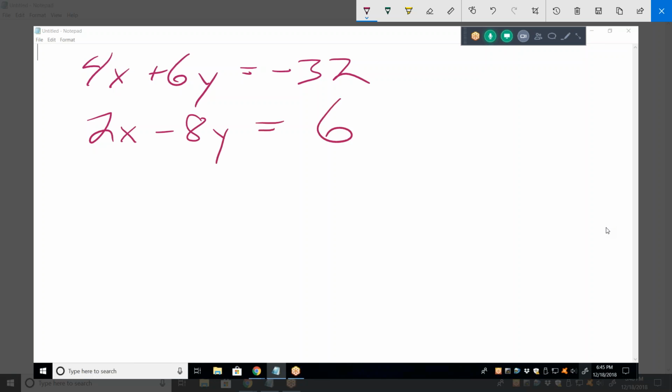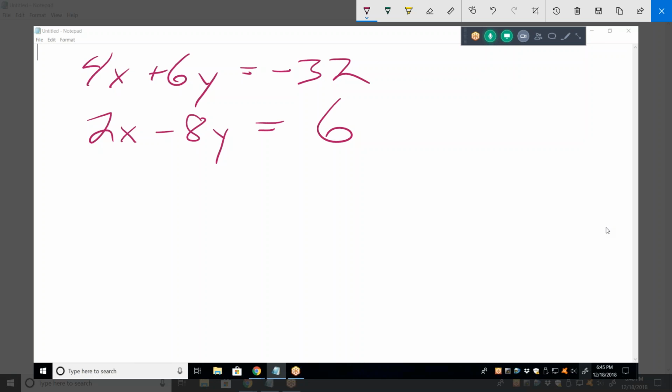Okay. Ideal for elimination, because both of them are in standard format. Tell me what we're going to do. You got to eliminate a variable.